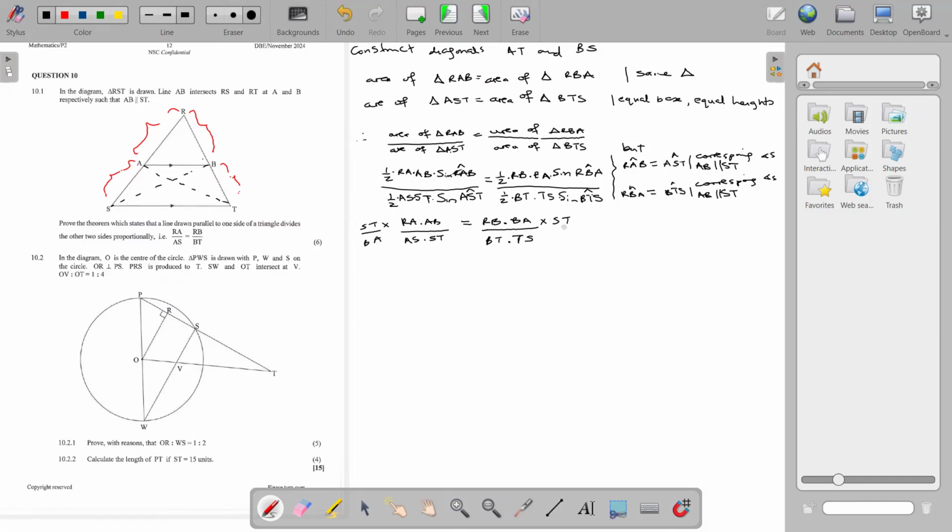Then this ST and this ST will cancel out, and this AB is the same as BA.